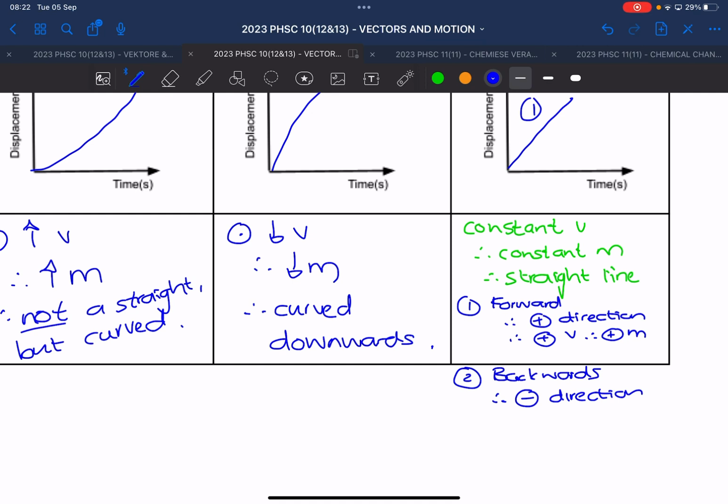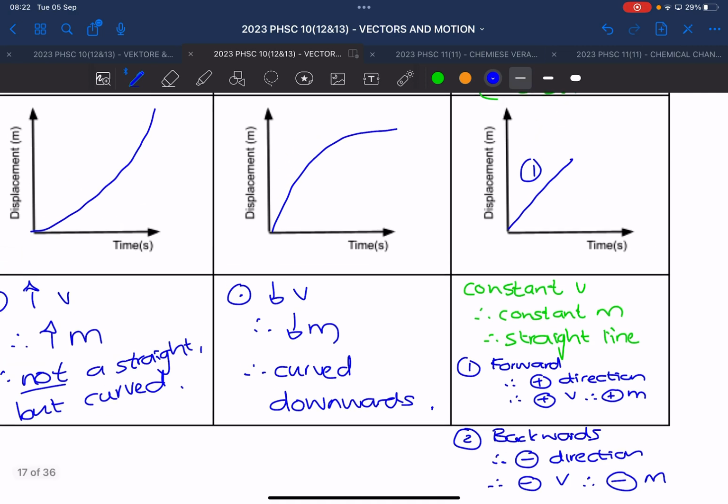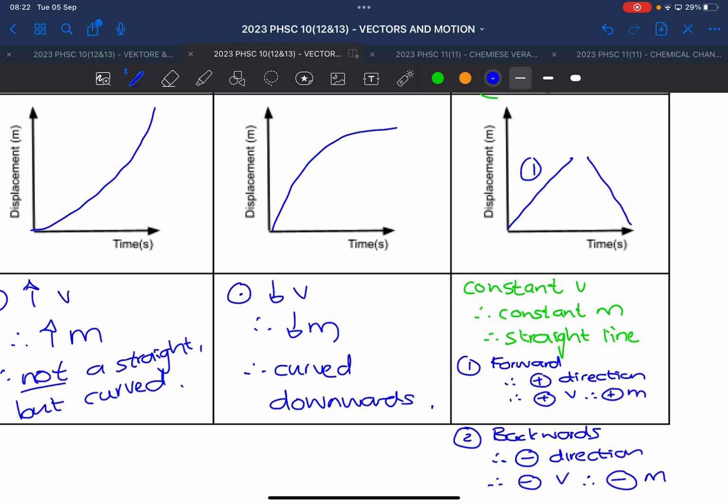Because remember, velocity is a vector. Vector has size and direction. So backwards means in the negative direction. So that means negative velocity or a negative gradient. Ridabile, what will that look like? So like that.